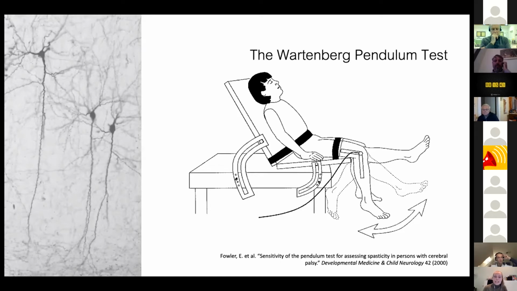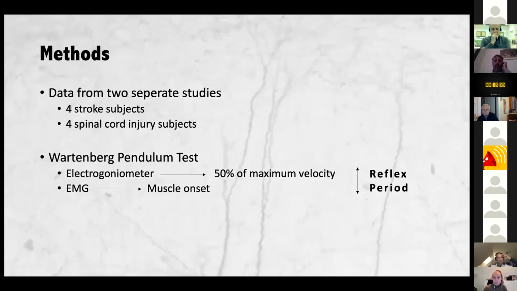We had data from two separate studies. We had 4 subjects that suffered from stroke and 4 subjects that suffered from spinal cord injury. And all of those subjects had spasticity.